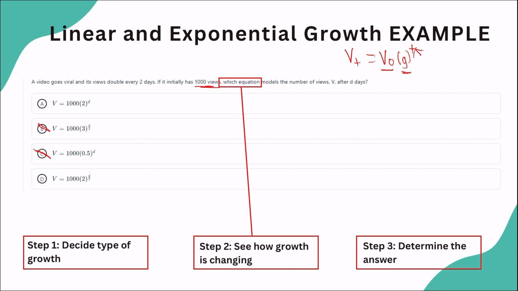So if d is the number of days, and we know that our video doubles in views every 2 days, we need to take the amount of days we have and divide it by 2, and then it should double that many times. And so that's what D is doing. We have d divided by 2. That one's going to be correct. Answer choice A is wrong because it's doubling every single day. It doesn't divide this d by 2, and so that one is wrong, and our answer is D.